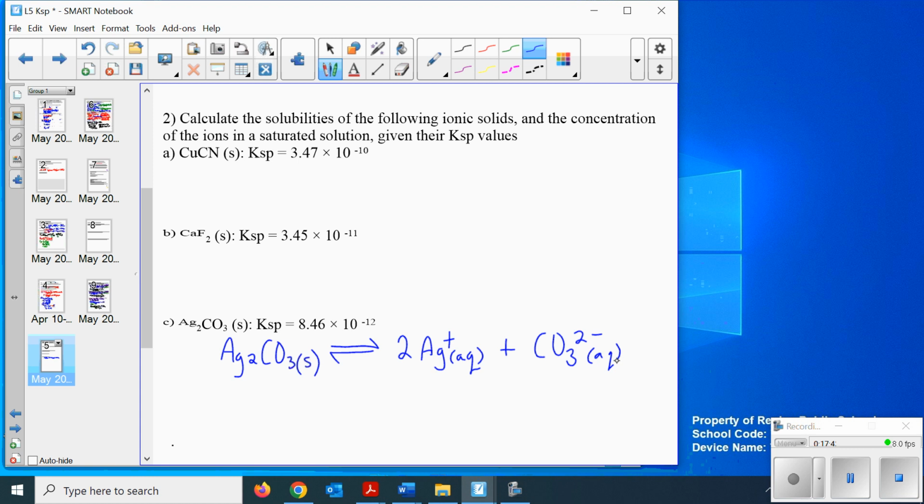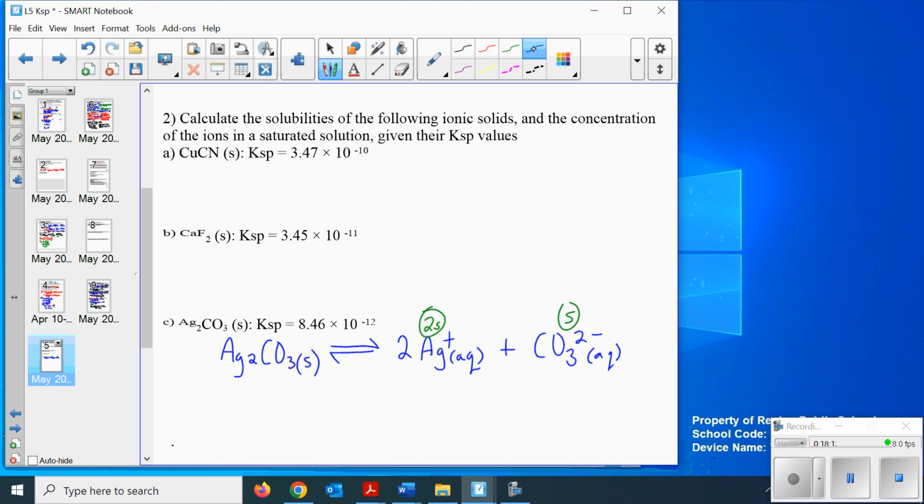At this point, you might be thinking, I'll just put it in a different color. Okay, if S groups of the silver carbonate split up, I'm going to have 2S groups of this, and 1S group of this. That's just my thinking step. You don't necessarily have to write it. Now, as far as the K expression, Ksp, it's Ag ion squared times CO3 2 minus.